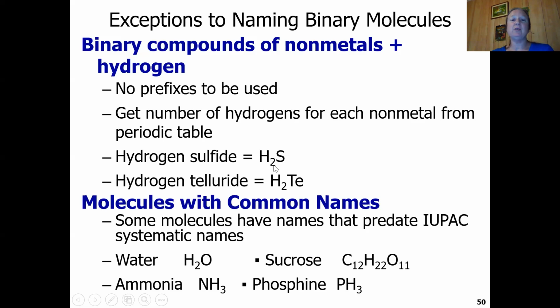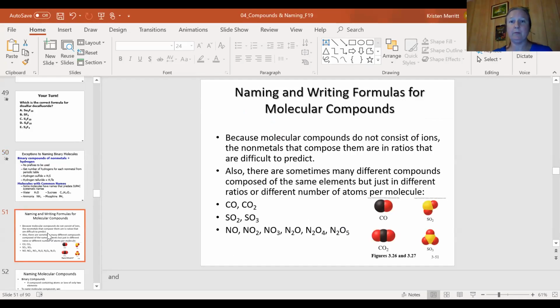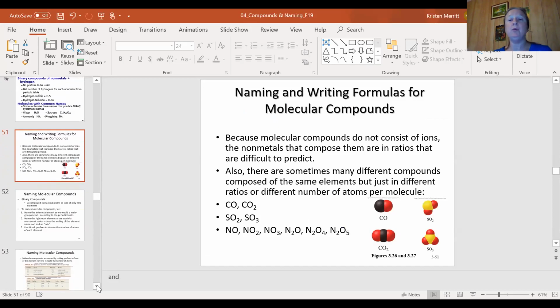And hydrogen does not get a prefix. It's just hydrogen sulfide. We'll just leave her like that for now. Okay. So covalent molecules exist, and you take the way it exists and then you name it accordingly.